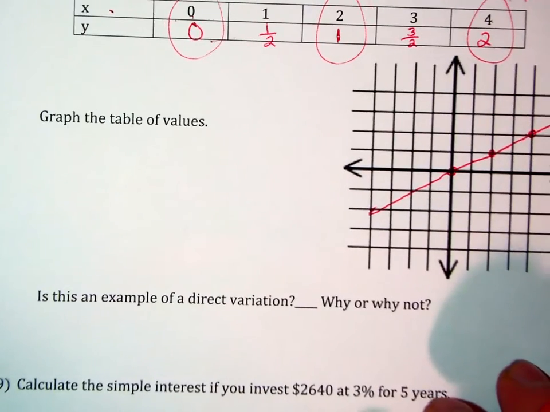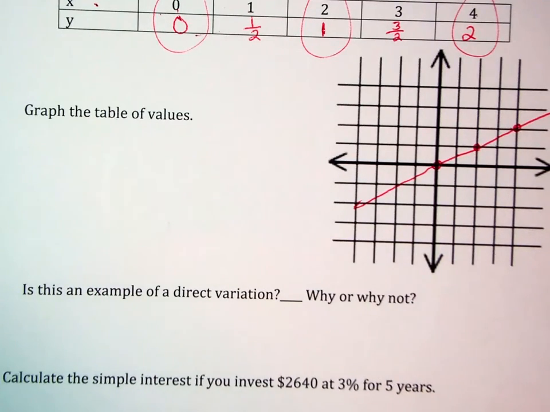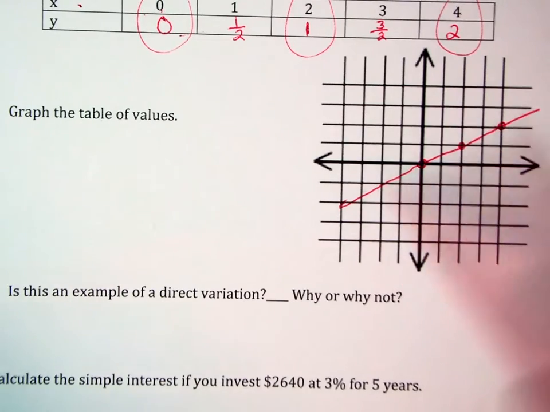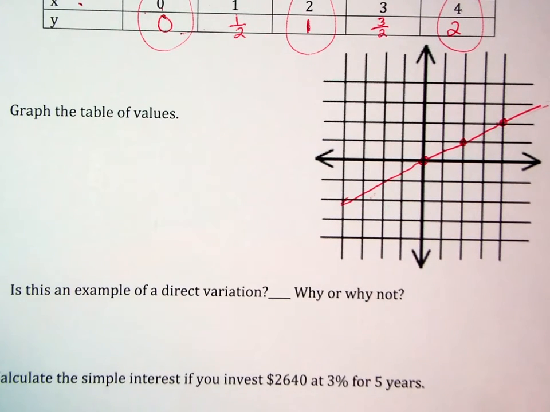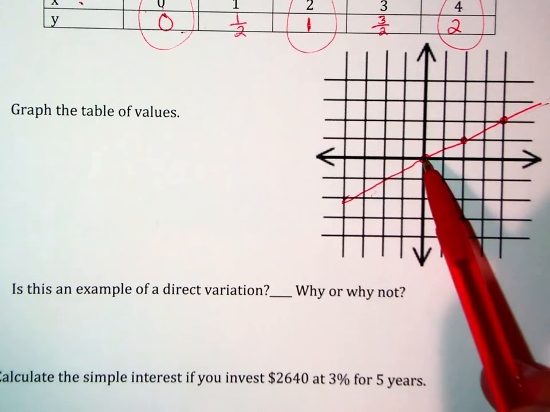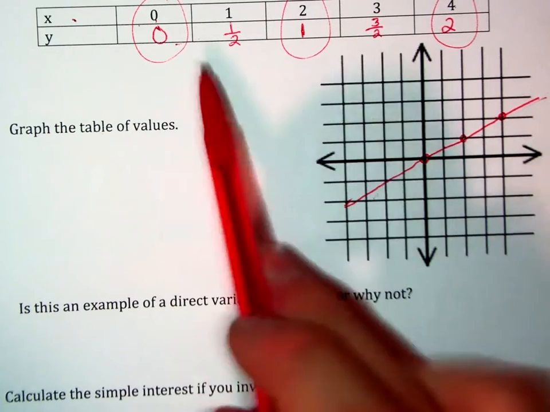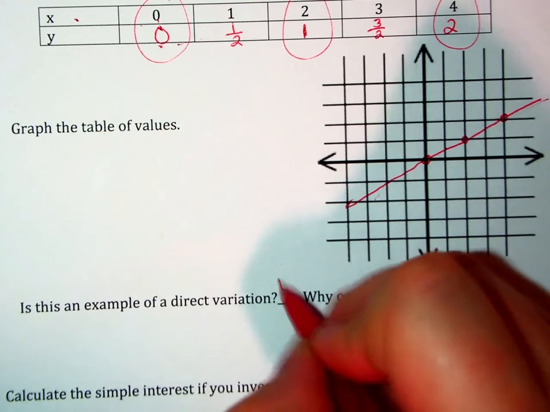So now I can answer the questions below the graph. Is this an example of direct variation? Remember, we need to ask ourselves the two questions. Is this a straight line? Yes, it's relatively straight. I realize my handwriting is a little bit wiggly. And second question, does it go through the origin? Yes, it does go through the point 0, 0. We knew that from our table. So, yes, it is.